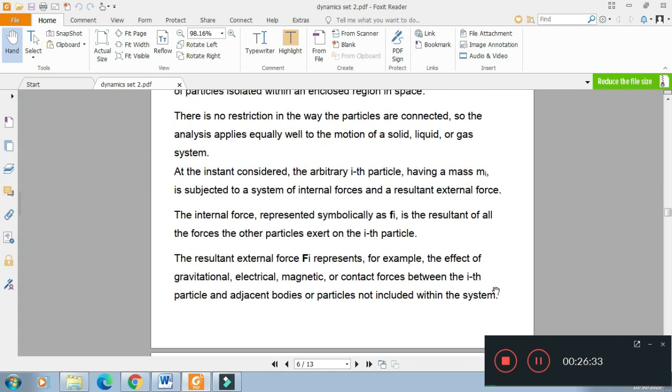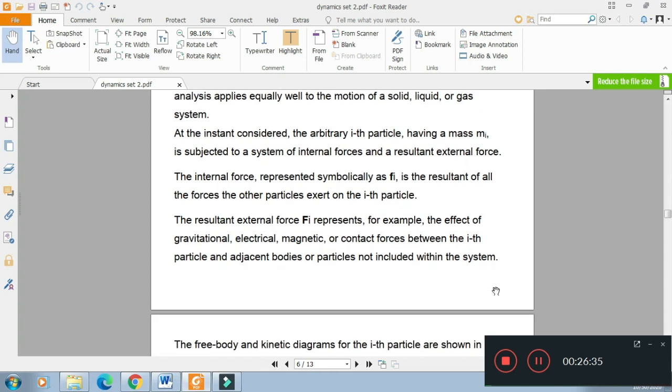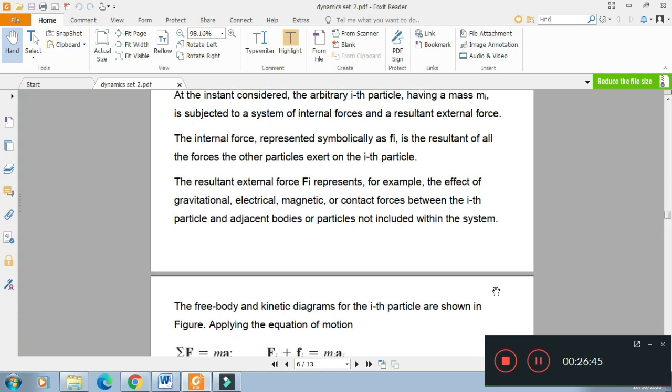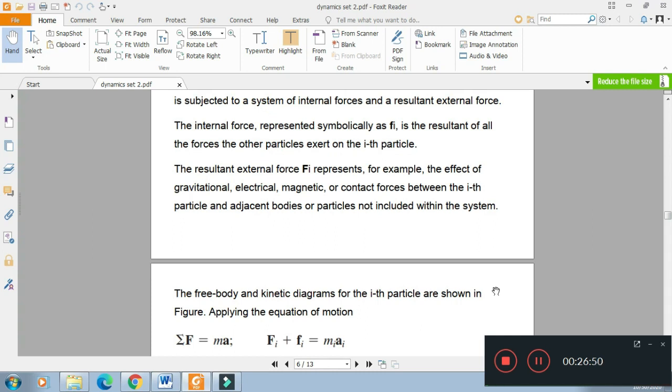The ith particle has mass mi. It has internal forces due to the adjacent particles, and there are external forces. Internal force is due to adjacent or surrounding particles, and the external forces are gravitational force, electrical force, magnetic force and contact force. So external forces are the forces which are not due to the surrounding particles of the same object.